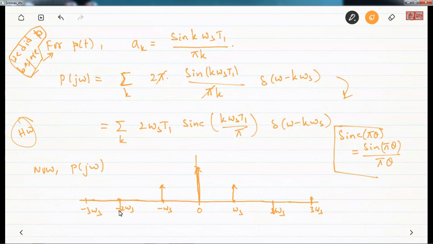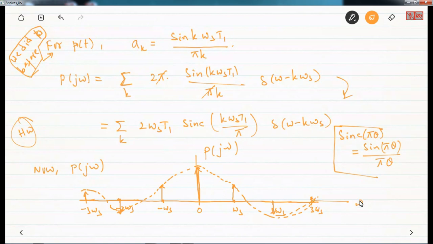It is a downward arrow, this is an upward arrow. So this is our p of j omega.